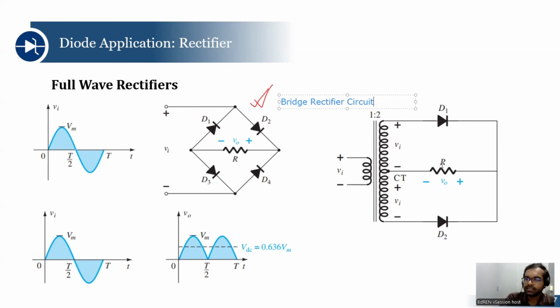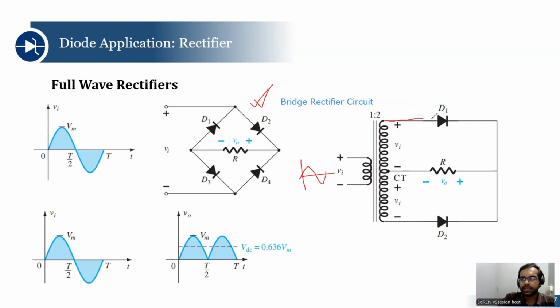But in this setup, there is a transformer involved. This is called a center tapped transformer. Now let us explore how this circuit works. So we are giving the input here. In the positive half cycle, this diode D1 is forward biased.